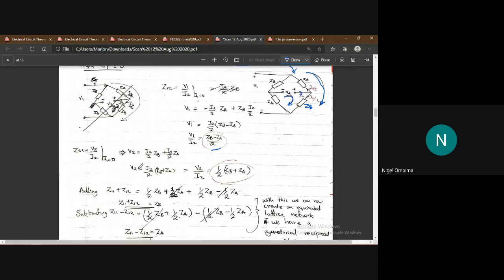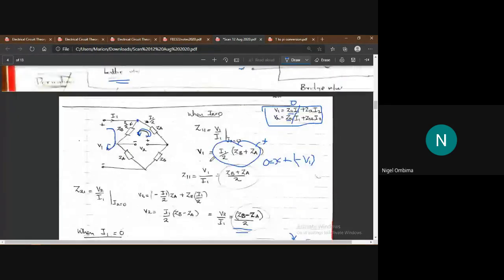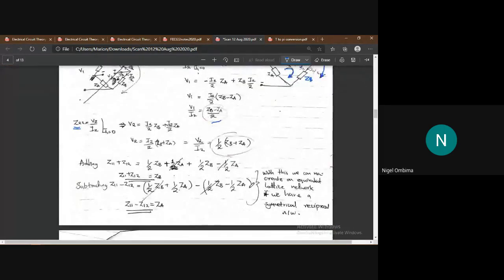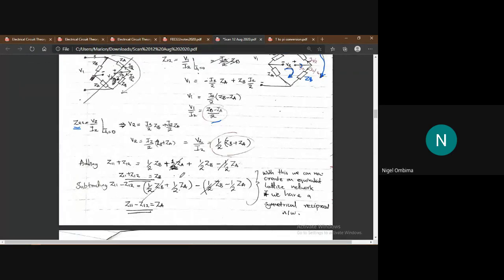So I found V2 over I2, which is Z22, to be a half ZB plus ZA, of which Z22 is now equal to our Z11. So you can see that our lattice network is reciprocal and symmetrical at the same time.